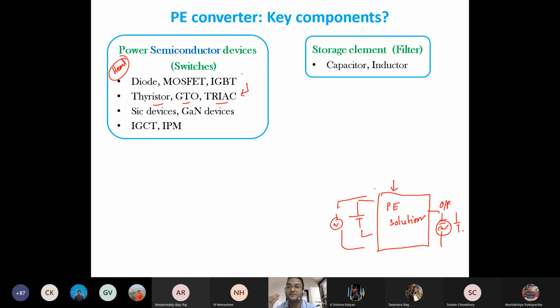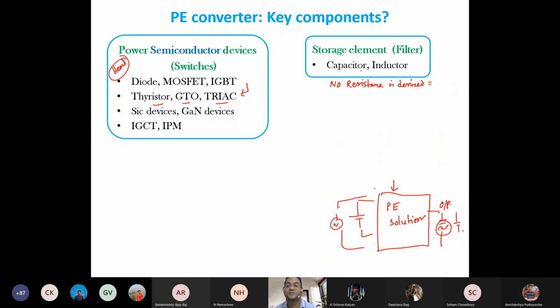In a filter, we use capacitor and inductor. Resistance we don't want to use in a filter, because we want a more efficient system. So let me write it in bold: no resistance is desired. Only capacitor and inductor.